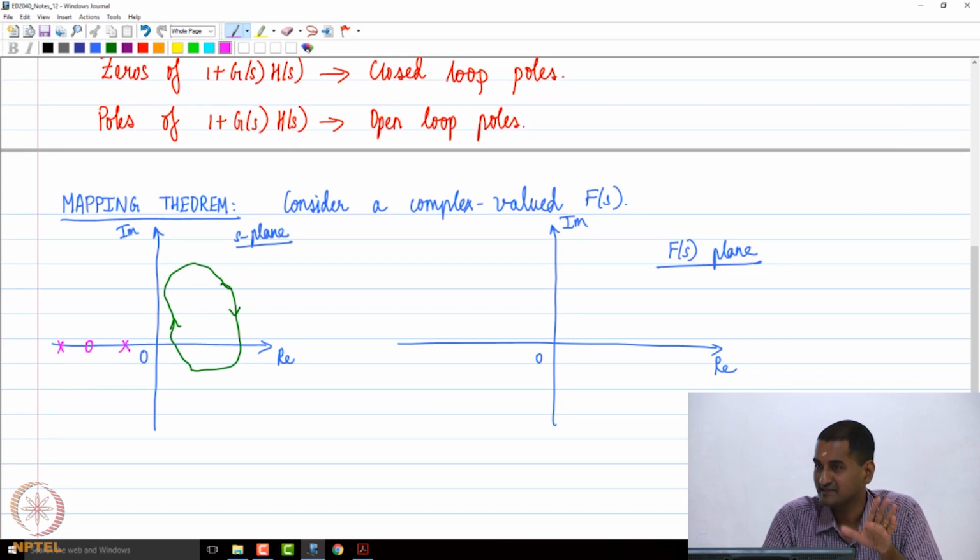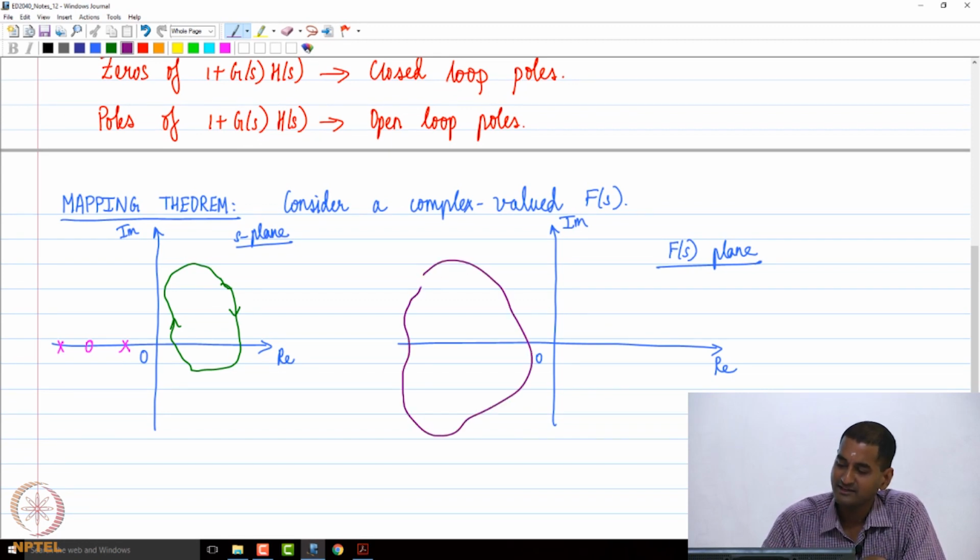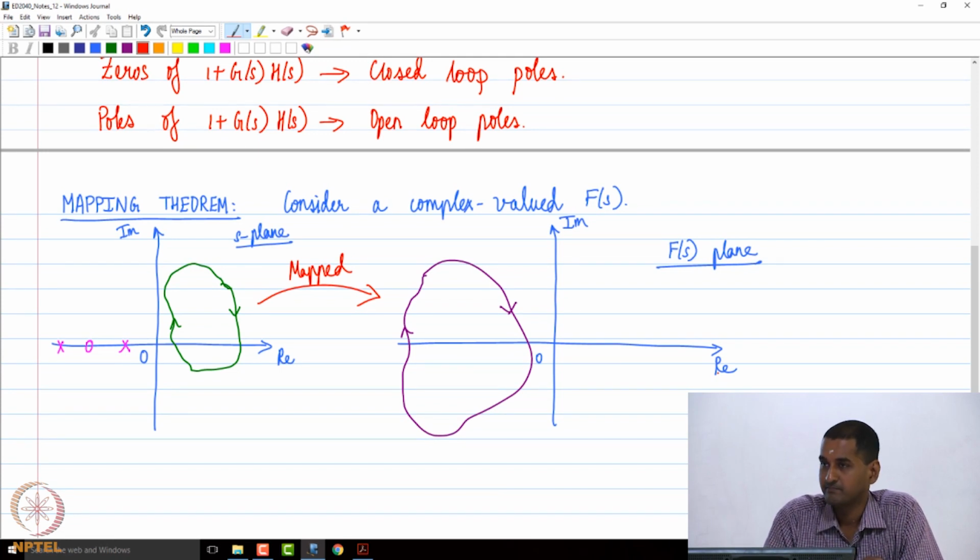So in this particular example, Z and P are both 0. So the number of encirclements of the origin is going to be 0, because Z minus P is 0. So I will have some arbitrary contour in the F(s) plane, something like this, which essentially gets mapped this way. This S contour gets mapped to this F(s) plane and it will be this way.